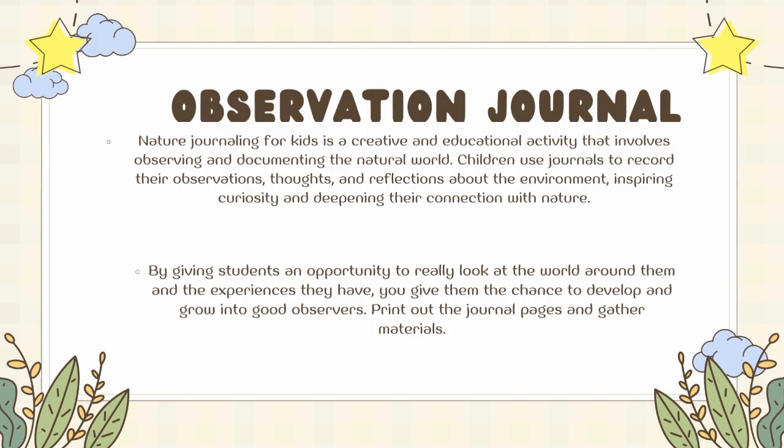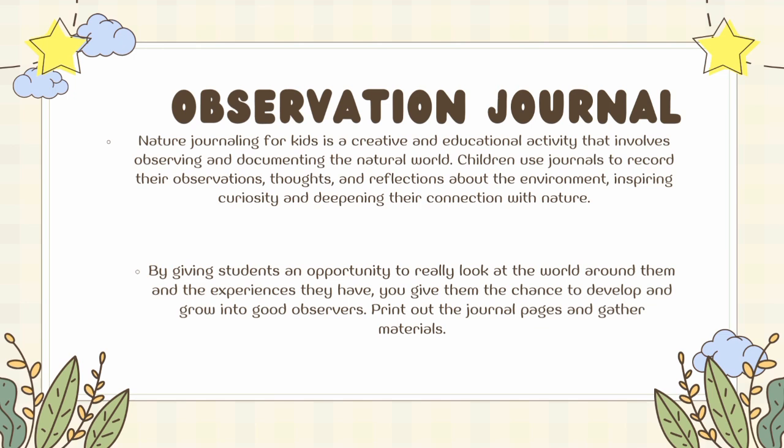Observation Journal. Nature journaling for kids is a creative and educational activity that involves observing and documenting the natural world. Children use journals to record their observations, thoughts, and reflections about the environment, inspiring curiosity and deepening their connection with nature.